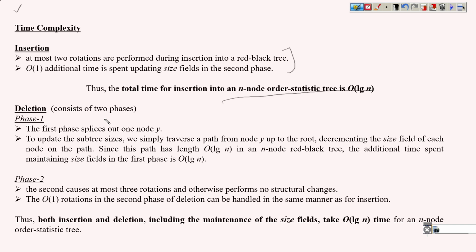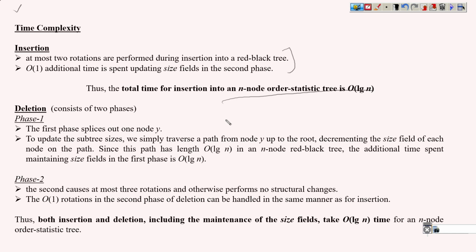What about deletion? Again, we do it in two phases. We are going to delete the node, and we move in the same way as in insertion. In insertion, when we go down, we increment the size field by one, because a new node is to be added. But now we are doing it in reverse.